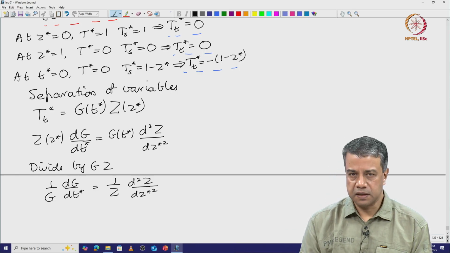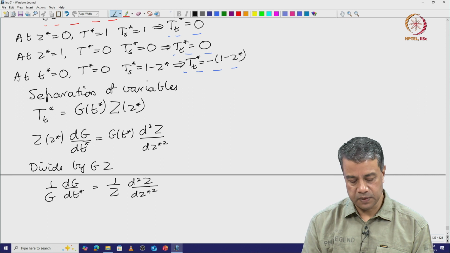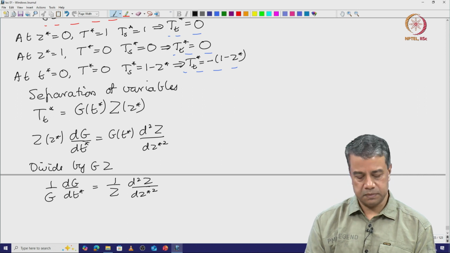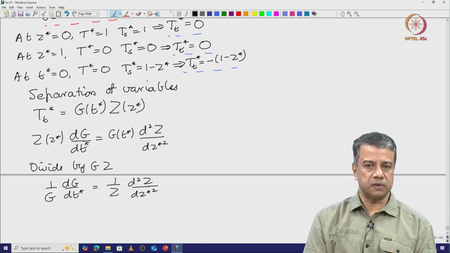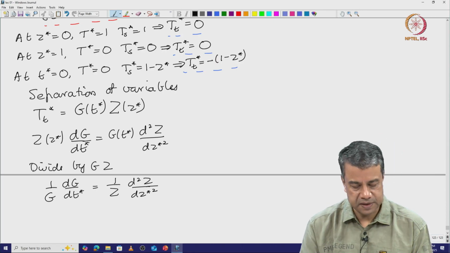You can see that the left side of the equation depends only upon time, and the right side of the equation depends only upon z.